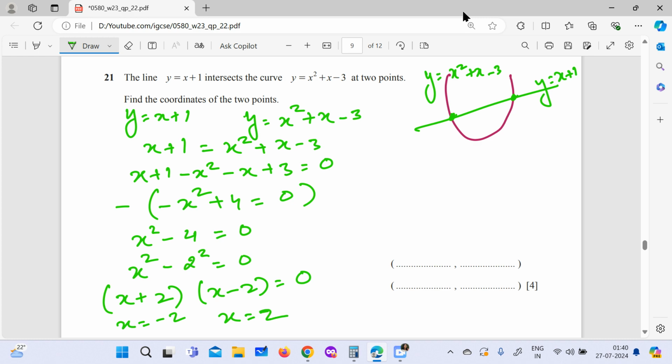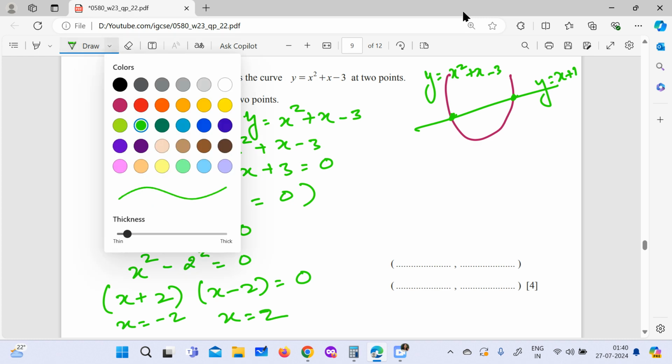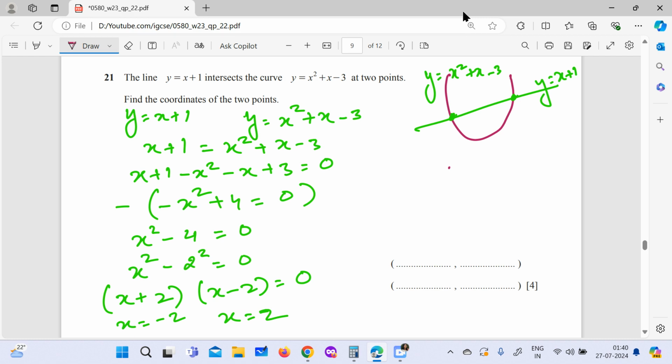Now your question is to find the coordinates of 2 points. So we got the x of 2 points. Now we need to find the y values. This is easier when x is equal to negative 2 and when x is equal to 2. We can substitute these values in the equation y equals x plus 1.